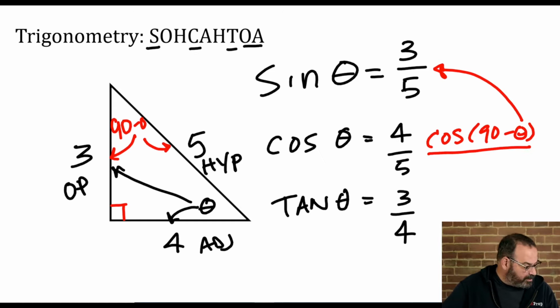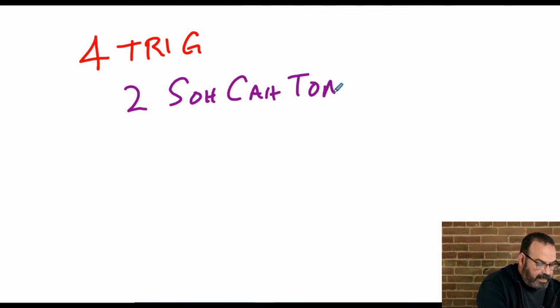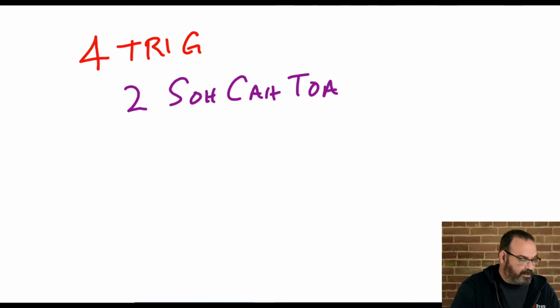The other questions that they ask on trigonometry, there are 4 trigonometry questions. So there's always 4 trig questions. 2 of them are sine, cosine, and tangent, or our famous SOHCAHTOA.